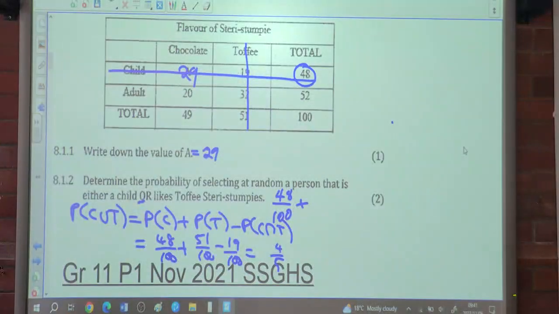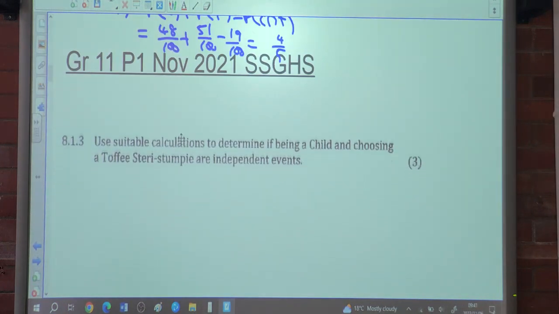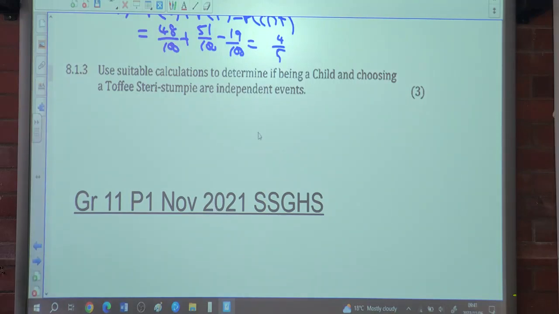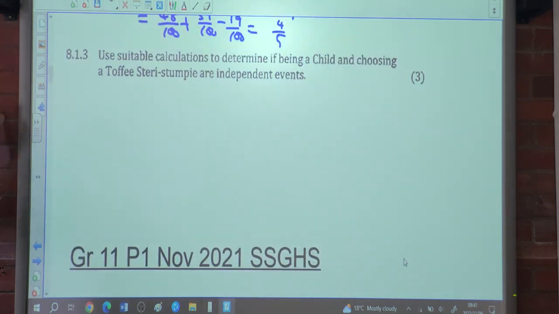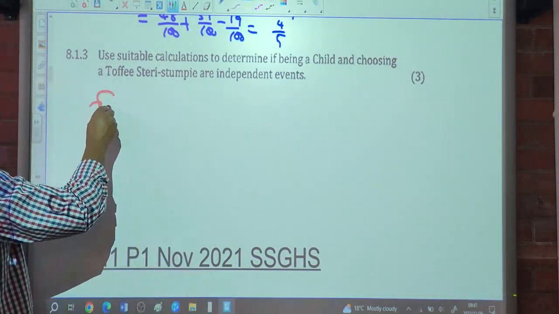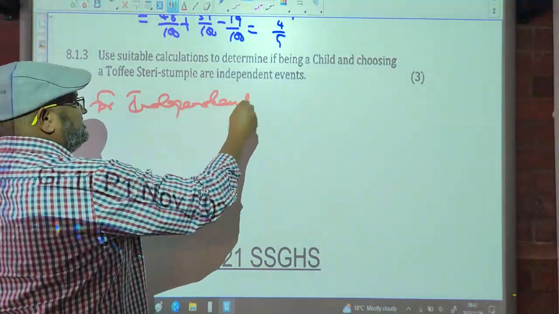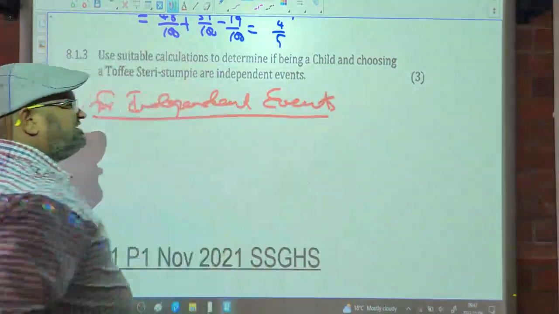Then the question says, use a suitable calculation to determine if being a child and choosing toffee Steri Stumpie are independent events. So what do we know about independent events?